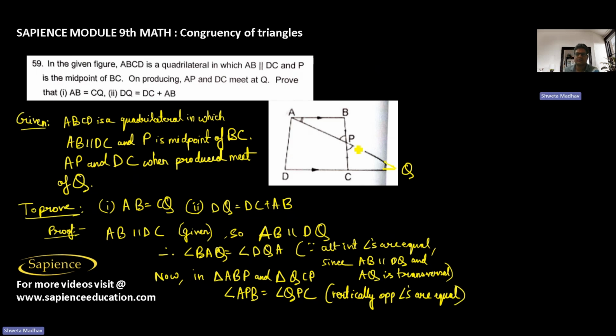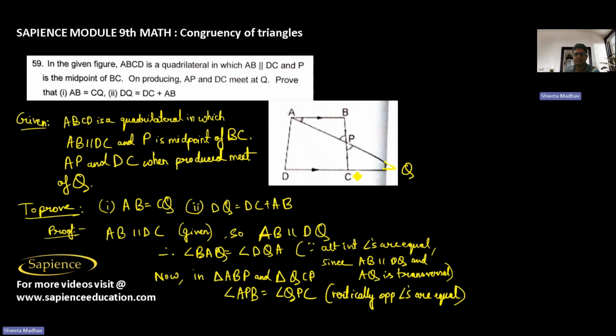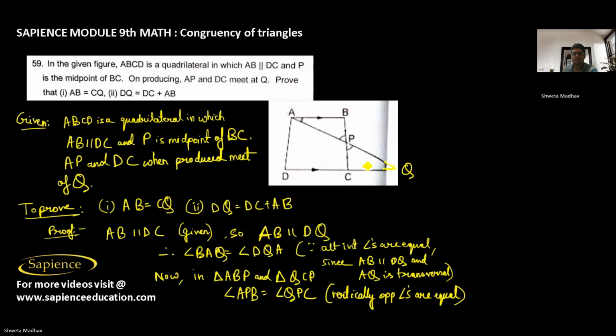And you can see that angle BAP is equal to angle CQP. Since you have shown that angle BAQ is equal to angle DQA, it also means that angle BAP will be equal to angle CQP, since angle DQA is the same as angle CQP.